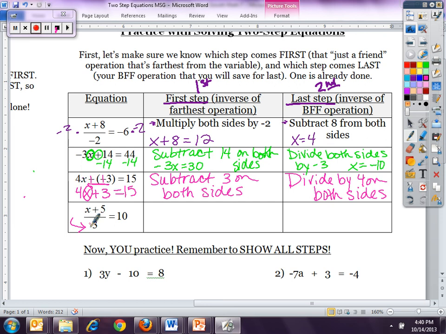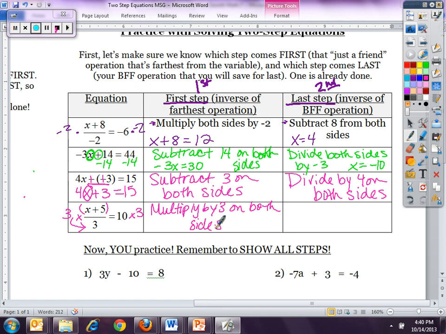But this is the whole thing divided by 3. The whole quantity of x plus 5 divided by 3. So I've got to get x plus 5 alone. So now I multiply by 3, multiply by 3 on both sides.